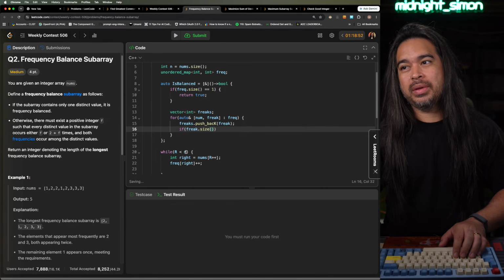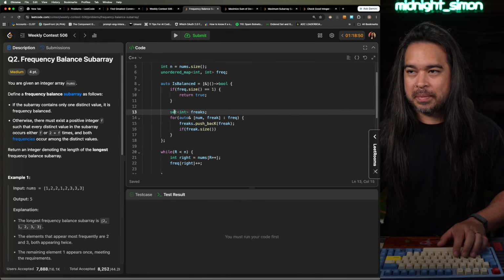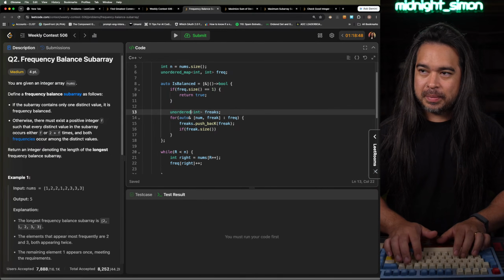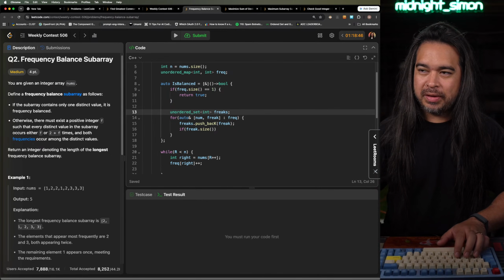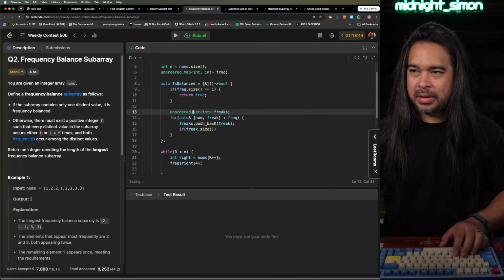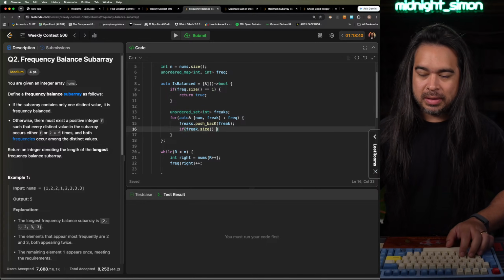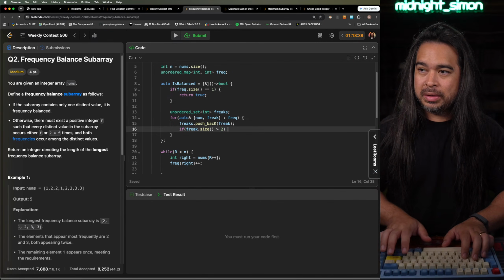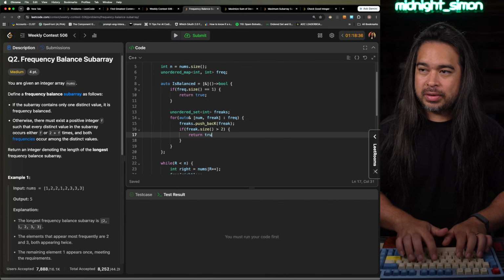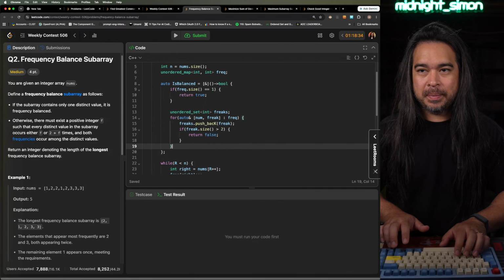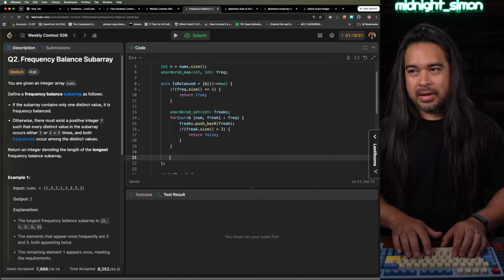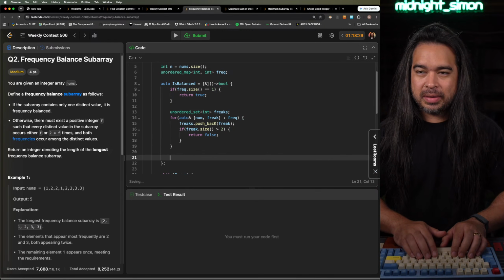No, I can't do that. This needs to be a set or unordered set because we could have multiple. But if this set becomes larger than 2, then I'm gonna just return false immediately. And then how do I know that one is smaller than the other?